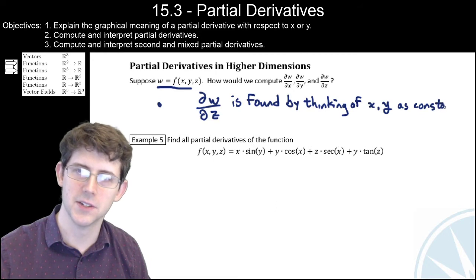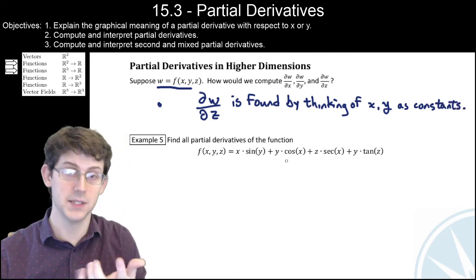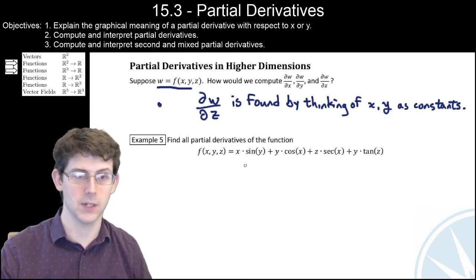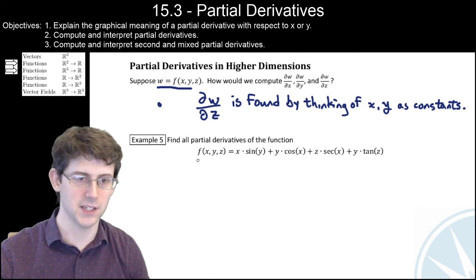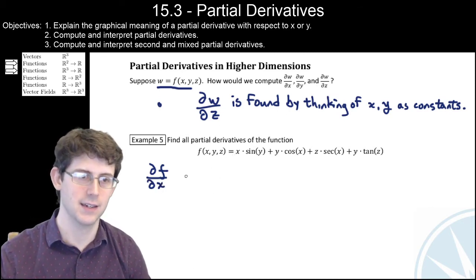So when you're finding a partial derivative, you look at what variable you're taking the derivative with respect to, and you set all the others to be constants. So let's find some partial derivatives of this function. It's a function of 3 variables. To find the partial derivative with respect to x, we say x is a variable, everything else is a constant.